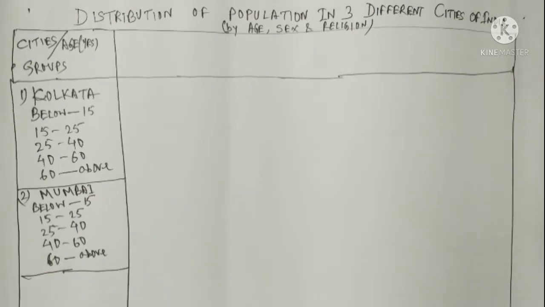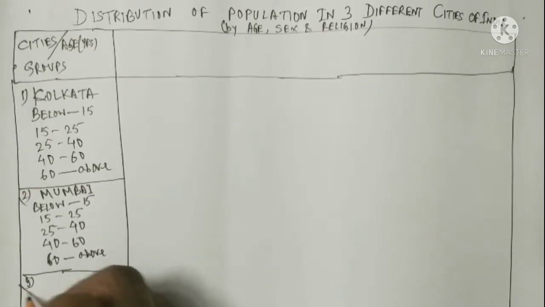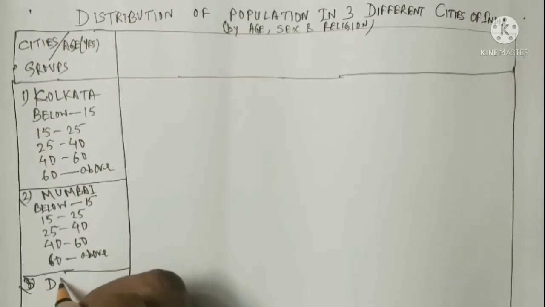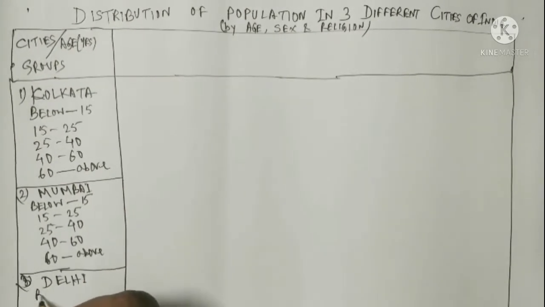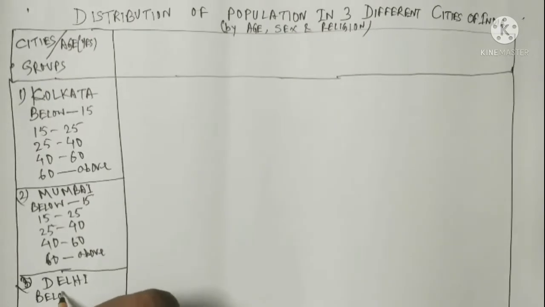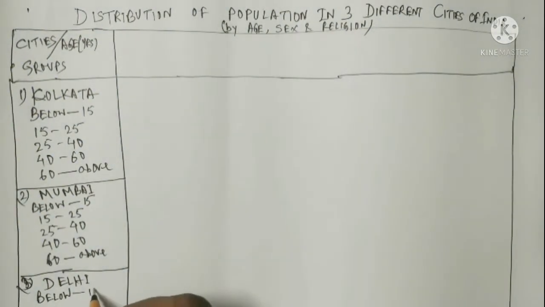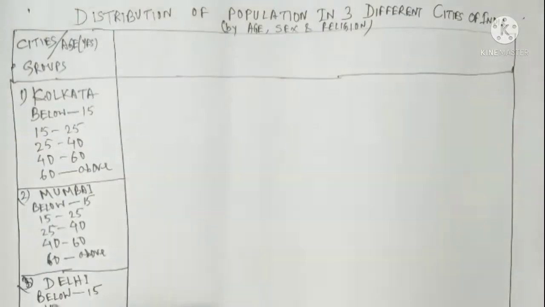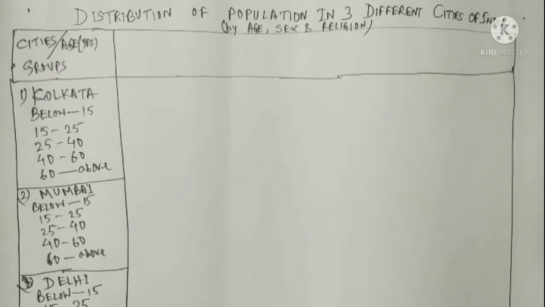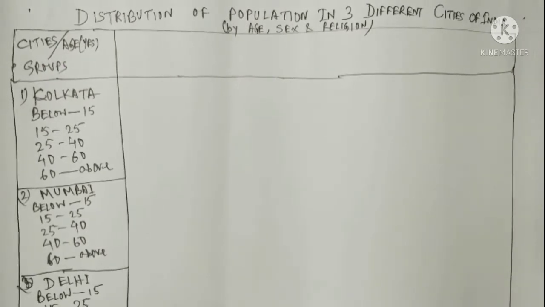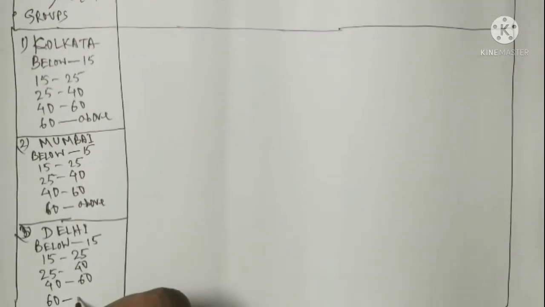And for number 3, Delhi. This is number 3, Delhi. Below 15, 15 to 25, 25 to 40, 40 to 60, 60 and above.